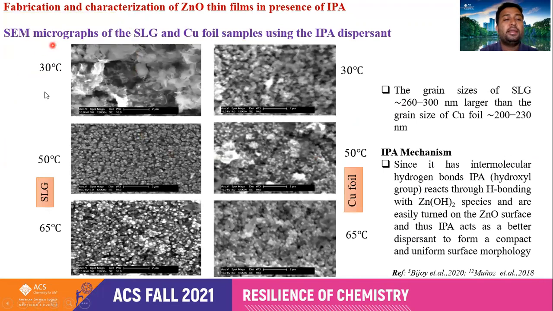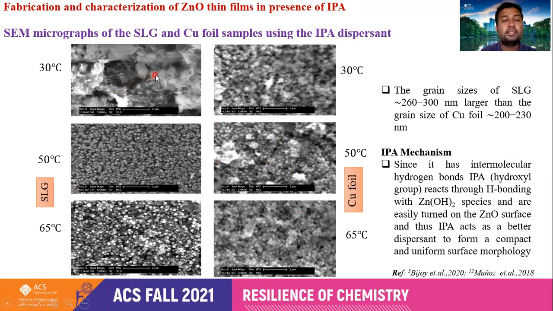Now the scanning electron micrographs for the soda-lime glass substrates and copper foil samples using isopropyl alcohol as a dispersion for various temperatures, that means 30 degrees Celsius, 50 degrees Celsius, and 65 degrees Celsius. On the left side, I attached the soda-lime glass substrate SEM micrographs, and on the right side, the copper foil SEM micrographs.